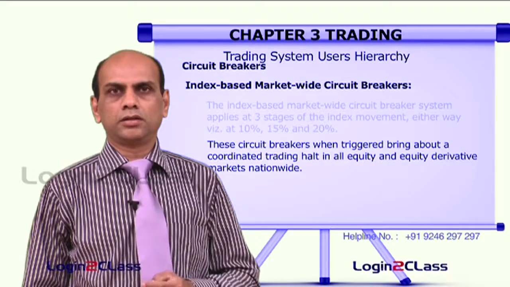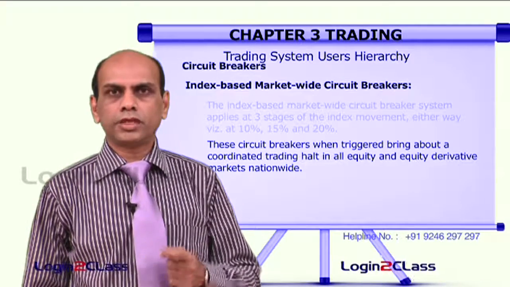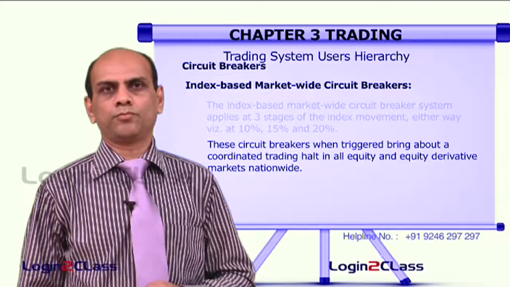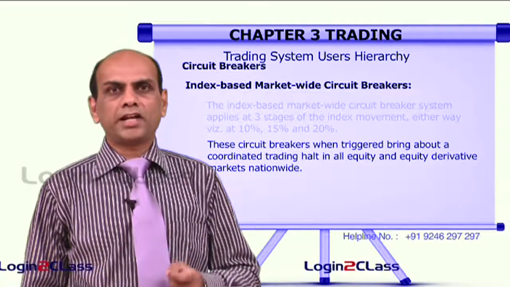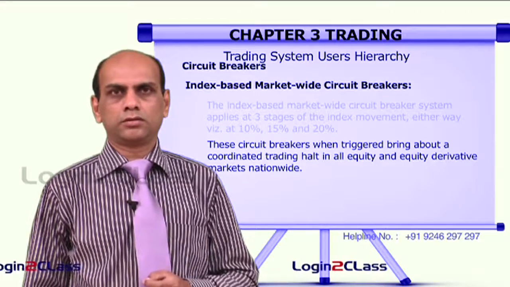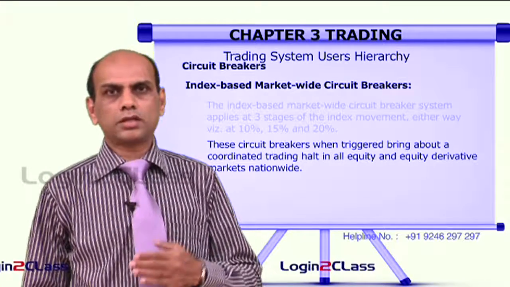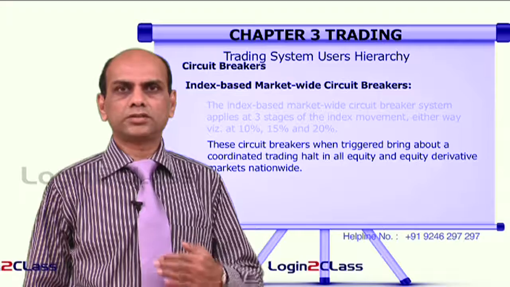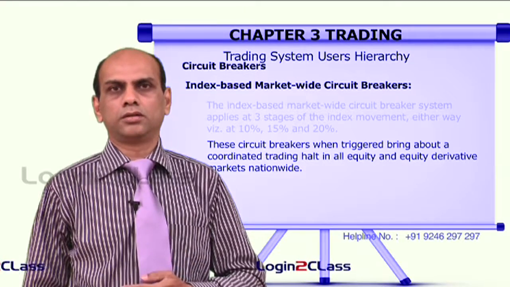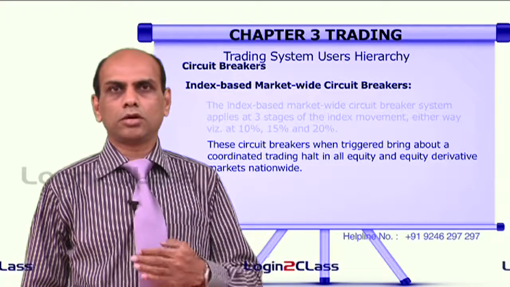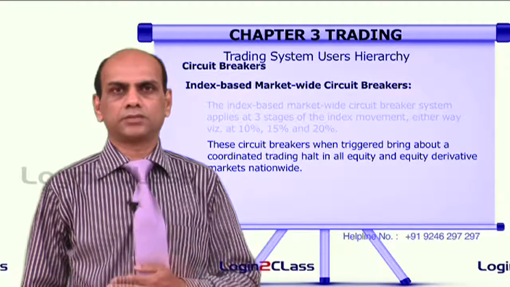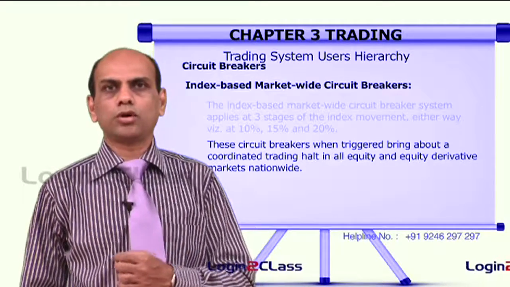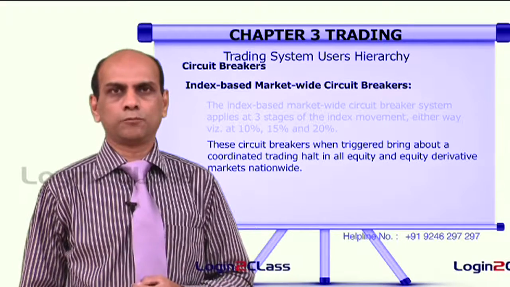We consider the index has touched 10% circuit level. Now, this can also be applied for Sensex as well. Whether Nifty or Sensex, whichever touches this 10% level on the top side or on the bottom side compared to the previous closing price, then we consider it has got into a circuit mode.